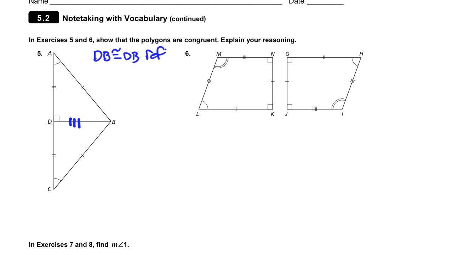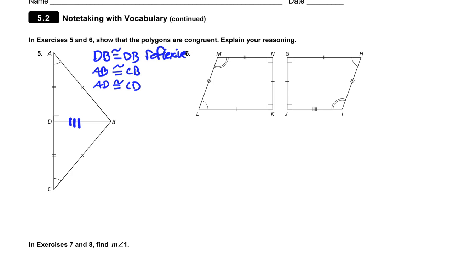And then I already see that AB is congruent to CB because they both show the congruent marks. And I also see A to D is congruent to C to D, trying to keep the order the same.